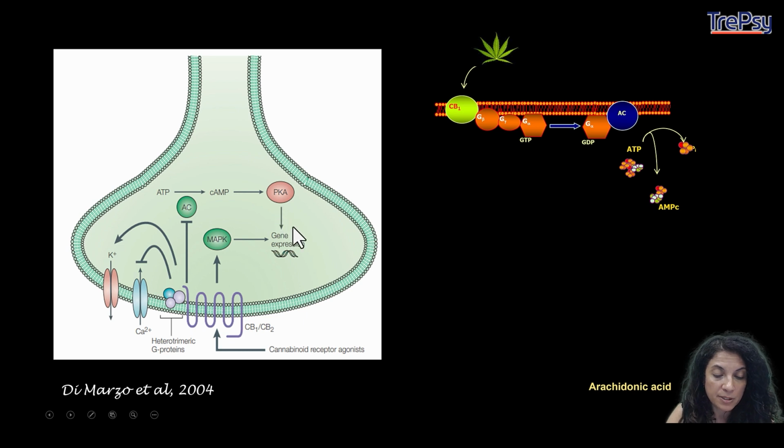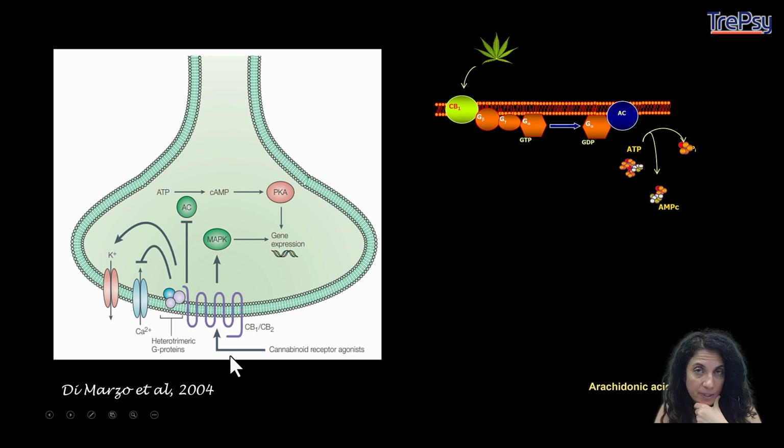So the activation of the receptor blocks calcium entrance to the cell. So if this terminal is a GABAergic terminal, when cannabinoid receptors are activated, it cannot release GABA.